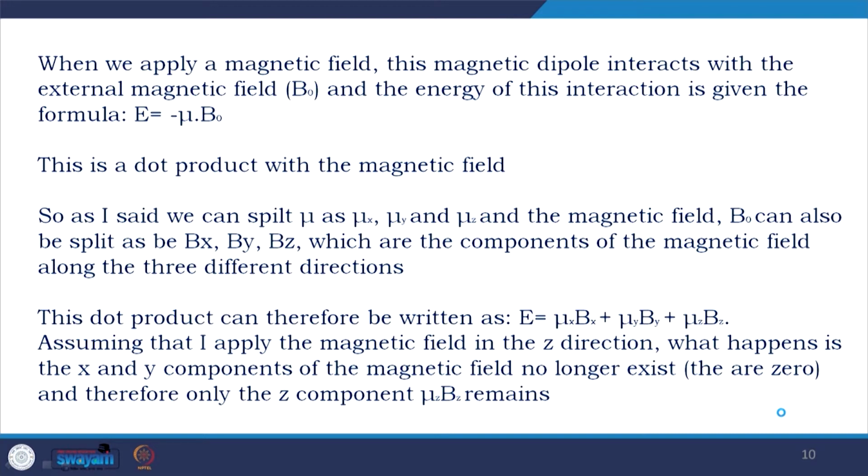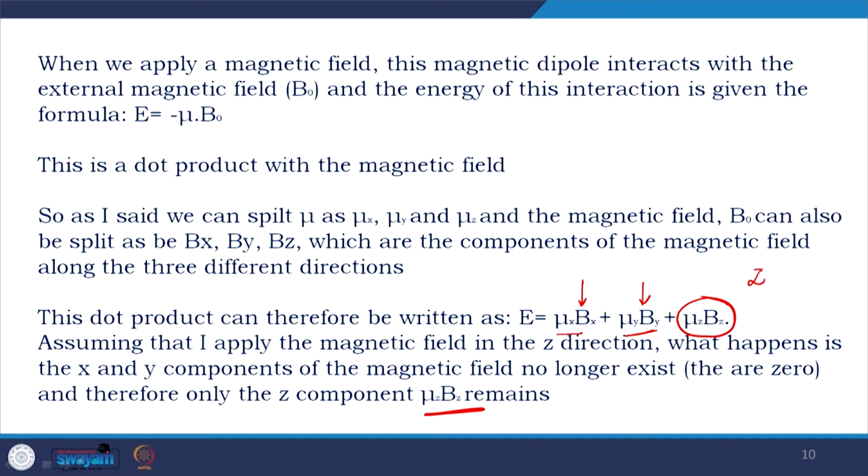Assuming that we apply the magnetic field in the z direction, there would be no x and y components, because they are 0. So, only the z component, mu z Bz, will remain.